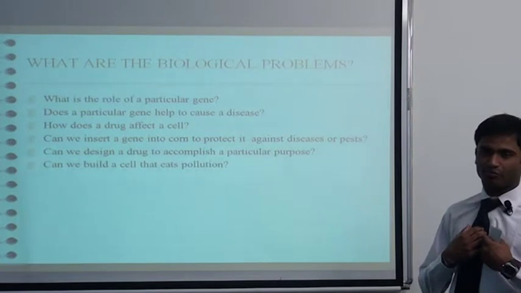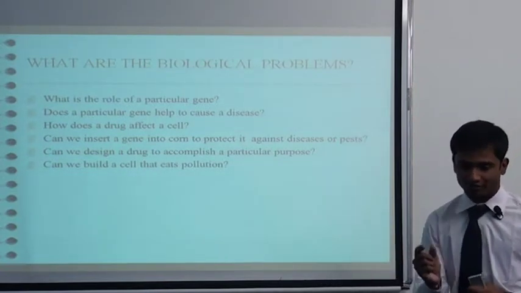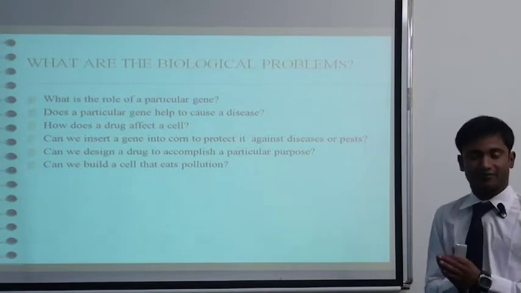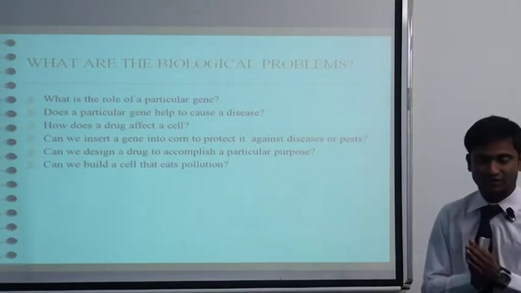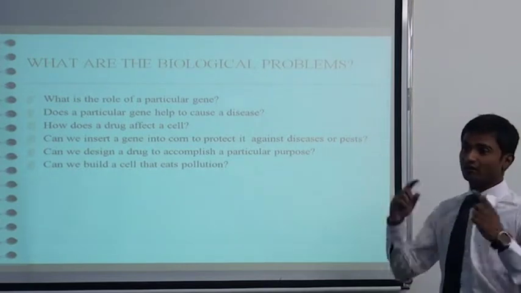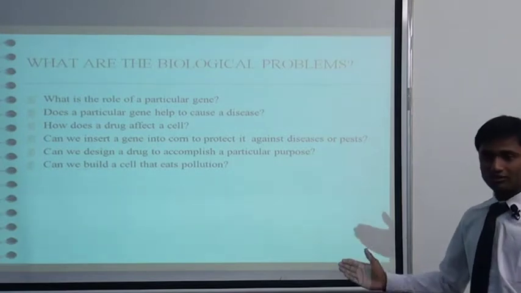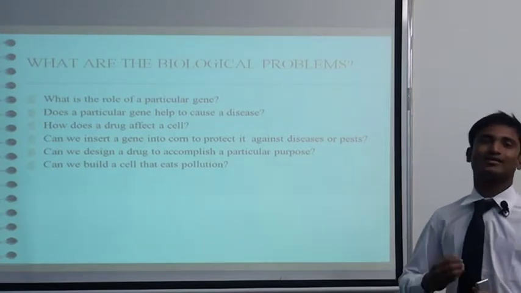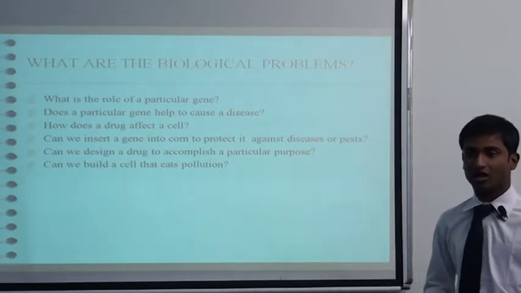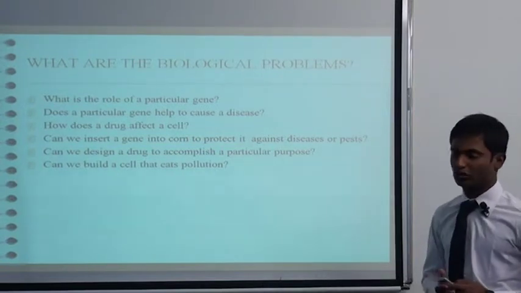That means if I have a whole genome, how can I find where one particular gene is located and what is the role of that gene during expression? Because in the whole genome there are more than 30,000 genes present, so it is too tough to find out the role of a particular gene.